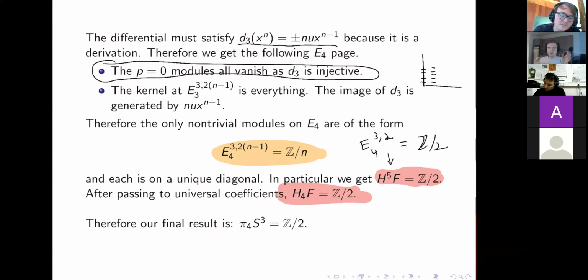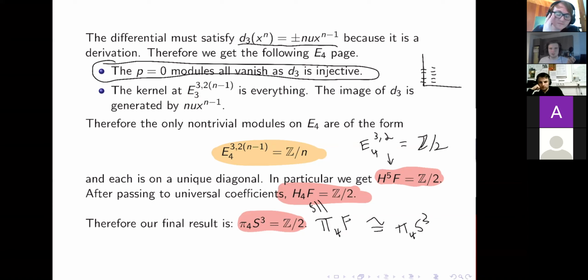And if you remember back at the beginning, this computes pi_4 S^3 because this is the same thing as pi_4 F, which is the same thing as pi_4 S^3. And so we've computed a homotopy group of spheres. In fact, we've computed a stable homotopy group of spheres, if you know what that means.